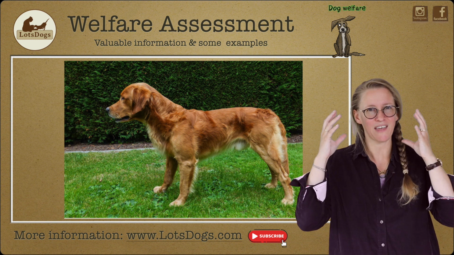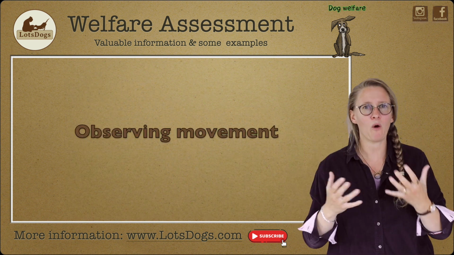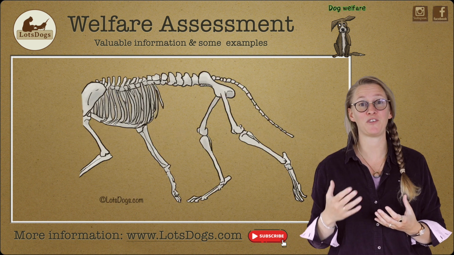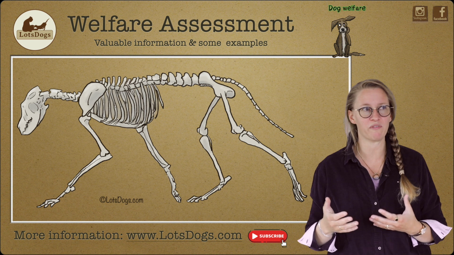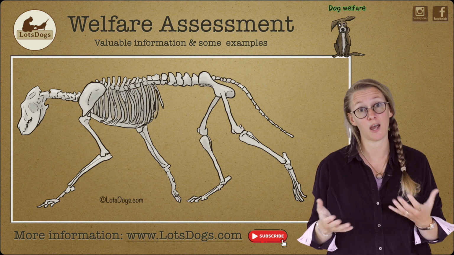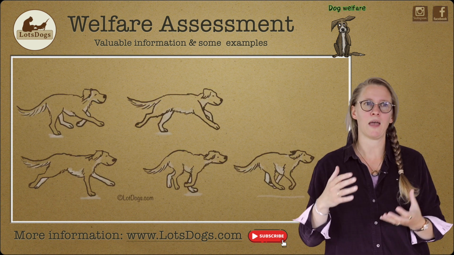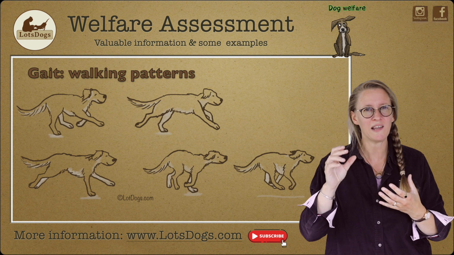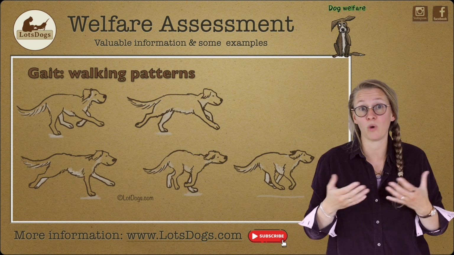I'll combine that information with looking at how the dog is moving. It can be very valuable to study the anatomy of dogs, but also how dogs move. They have 6 different types of gait, and I've learned to recognize these. When a dog changes gait, you can sometimes see anomalies. That could be an indicator for pain or joint issues.